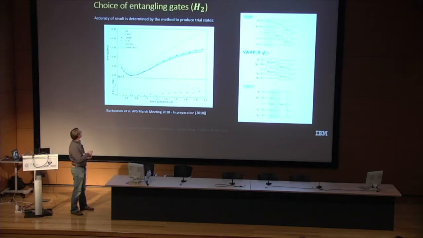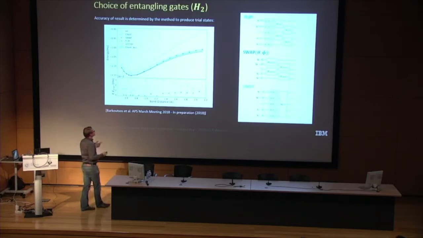One result out of this is that if you look again at this dissociation curve, the gold standard is this unitary coupled cluster method, the black line here. You see with the ZX gates for a certain gate depth, we cannot get to chemical accuracy here. But if we replace the entangler that we used before by swap gates or by flip gates, where swap is a parameterized swap gate between qubits, we can get to much better precision for a given number of gates. And that's interesting.